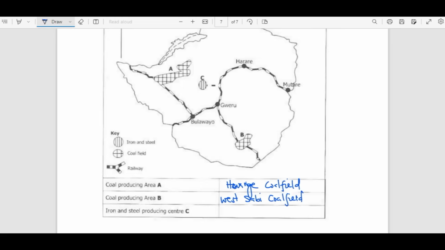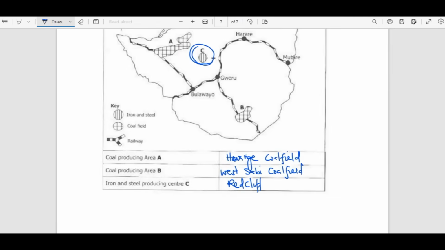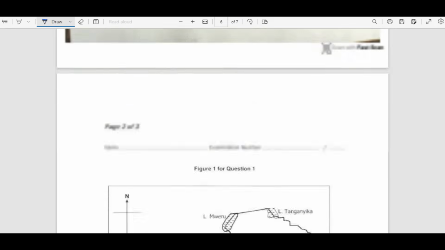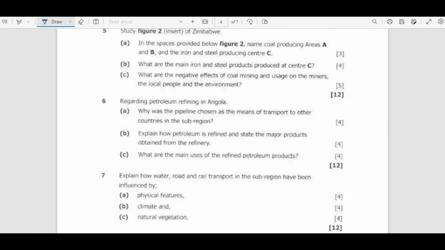Then the other one, which is iron and steel producing center C. Where is center C? This is where we find center C. Center C is Redcliff. So it means that we've answered the questions which we needed to answer.